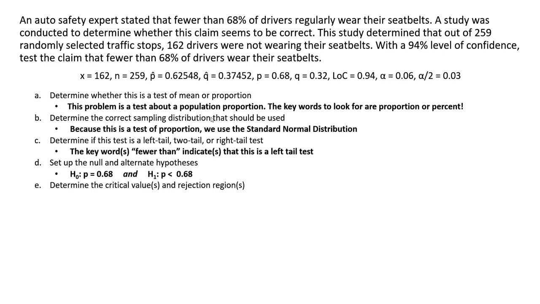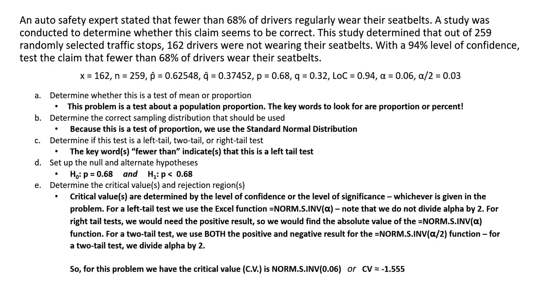Now that will give me a negative value. No matter what, it's a negative value. That's good for a left tail test. If this happened to be a right tail test, then we would use the positive of that value. But it's not a right tail test, it's a left tail test, and we will use the negative value. And I already put it on a spreadsheet, and I have the correct number.